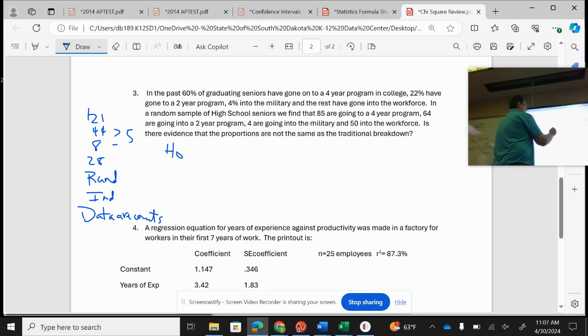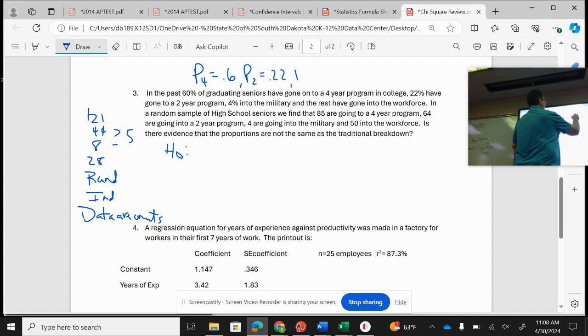Our null hypothesis, 2 ways you can do it. You can say our proportion of 4-year is supposed to be 60. Our proportion of 2-year is supposed to be 22. Our proportion of military is supposed to be 4%. Our proportion of workforce is supposed to be, what was the rest? 86, 14.